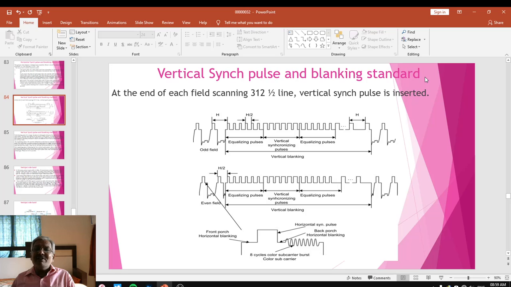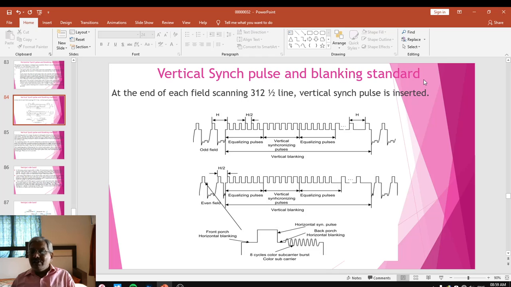As with the horizontal sync pulse and its blanking standards, which are introduced at the end of every horizontal trace period or at the beginning of every retrace period to blank the screen and also to synchronize the horizontal and vertical coordinates which are scanned in the camera.